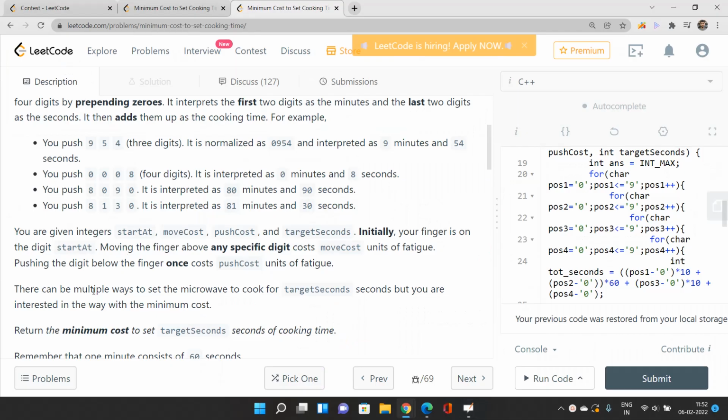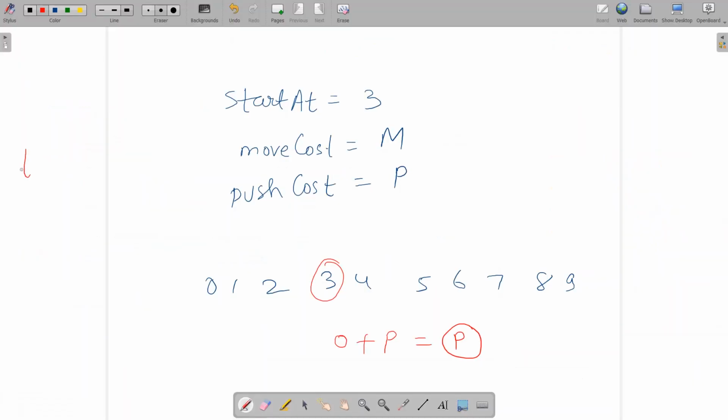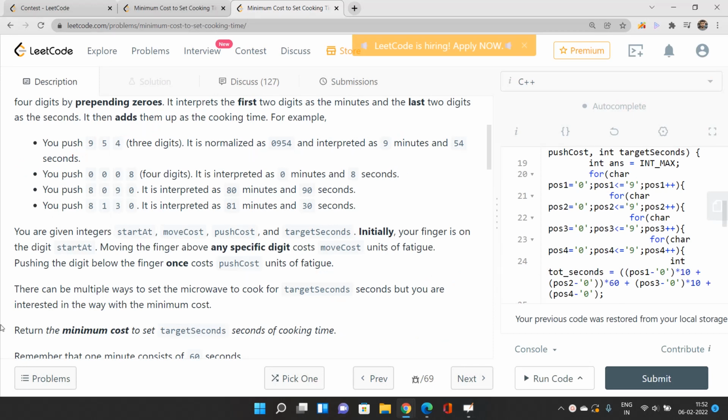There can be multiple ways to set the microwave to cook for the target seconds. You would be given some target seconds, that is, you need to cook the microwave for this amount of seconds, so let's denote it as capital T. But you are interested in the way with the minimum cost.